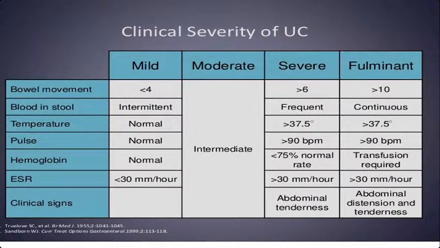And of course, peripheral blood white cell counts are increased. Clinical signs, we've already mentioned some of them: abdominal tenderness, and with fulminant disease, there may even be distension, especially if there is peritonitis.